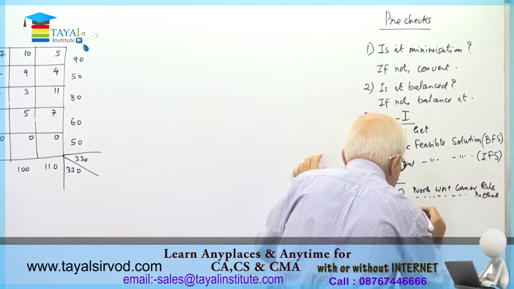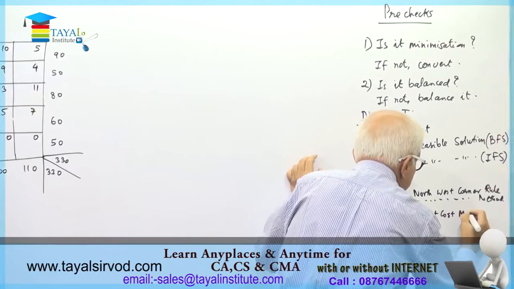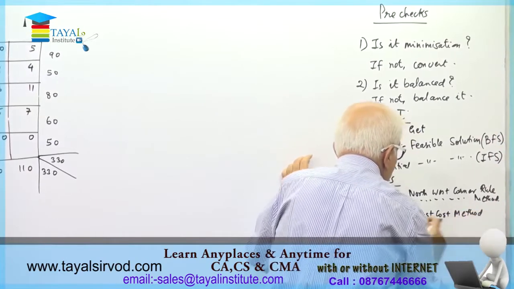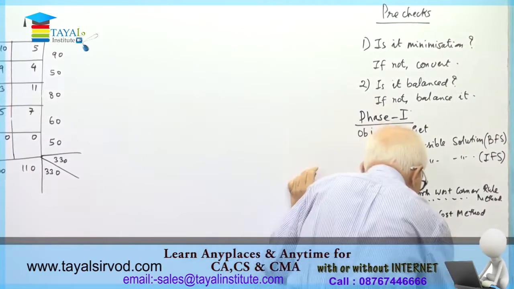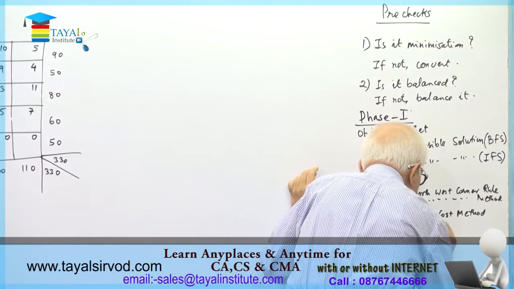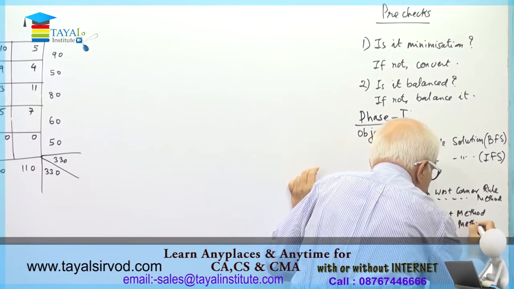Second method, LCM, stands for Least Cost Method. Short form LCM, Least Cost Method. In some cases it is also known as Matrix Minimum Method.